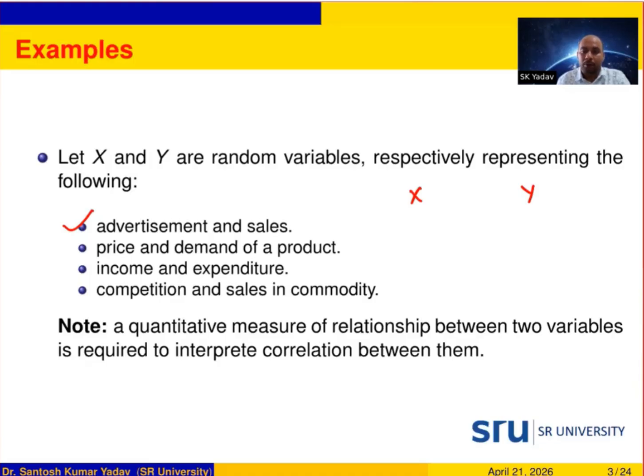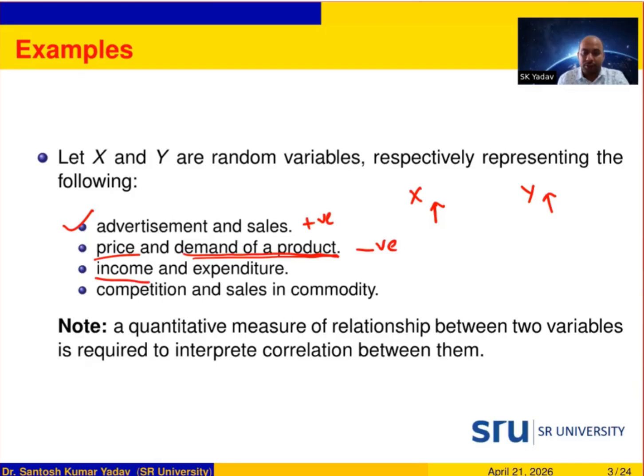In a general scenario, if you have more advertisement, definitely sales should go up. So it has positive correlation. Similarly, price and demand of a product. Whenever the price of a certain product is increased, demand automatically decreases. So it has a negative correlation. The first one has positive correlation, the second one has negative.